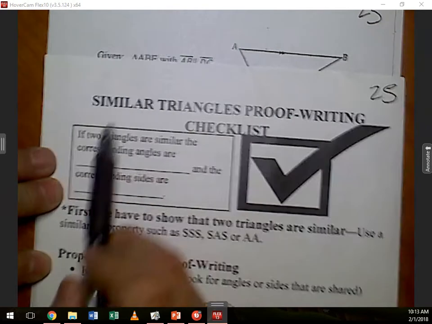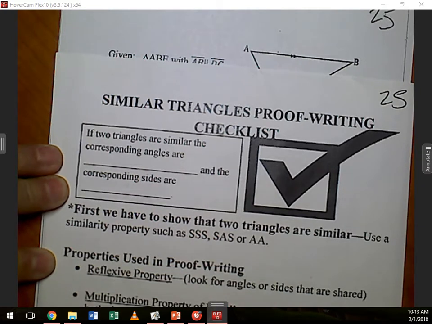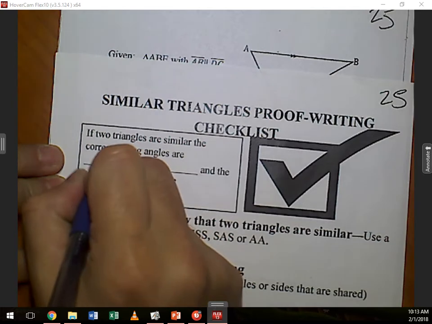So for what we have here, if two triangles are similar, the corresponding angles are going to be congruent, right?